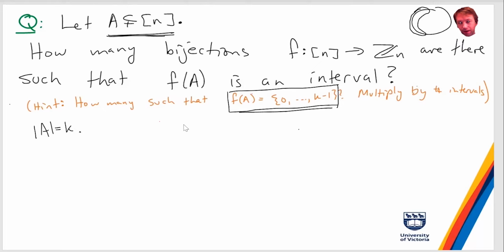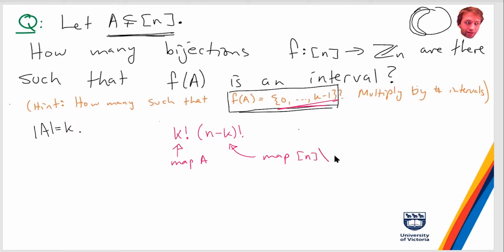You have k, then k minus 1, k minus 2, all the way down. So you've got k factorial ways to map the elements of A, and then n minus k factorial ways to map the rest, because they have to map everywhere that's not this. That solves the number of ways to map f of A to this.